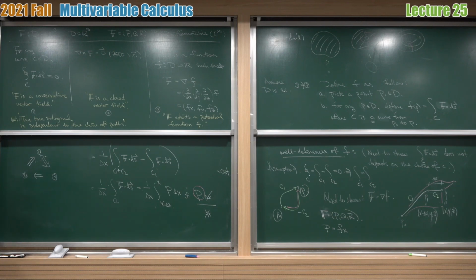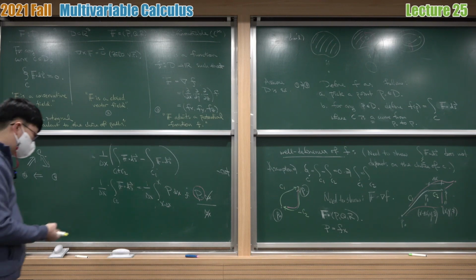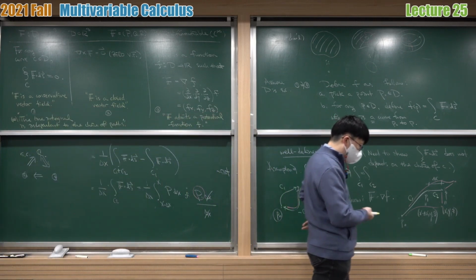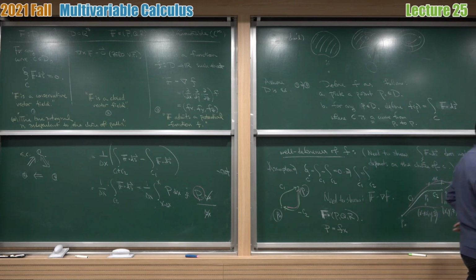So we use this theory in mathematics, called the Stokes surface. That's where we need simply connectedness. In order to have such a surface, you need to assume that our domain is simply connected, because we want to fill in the inside of the curve.